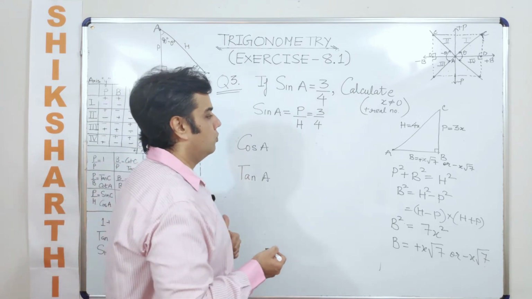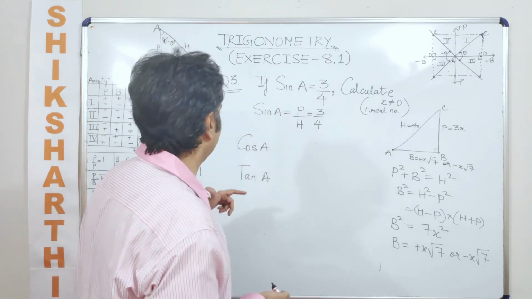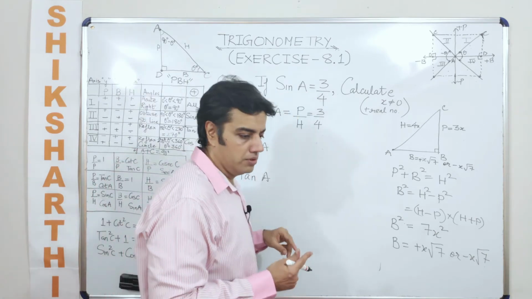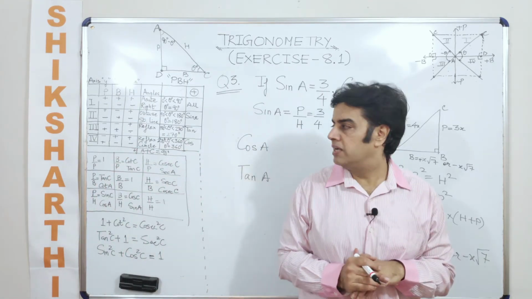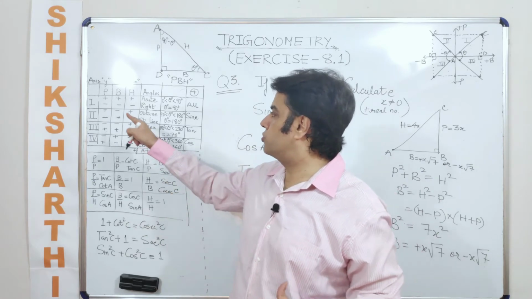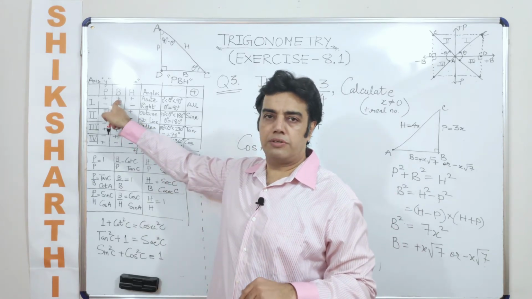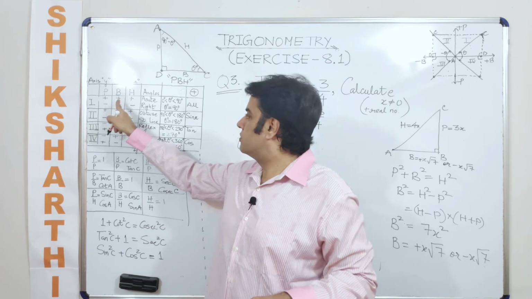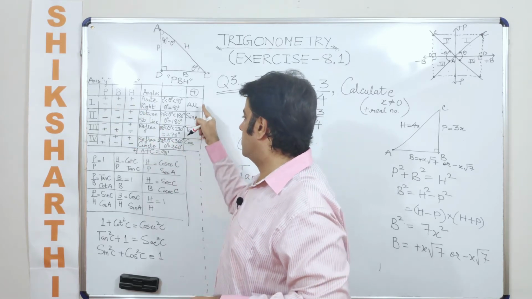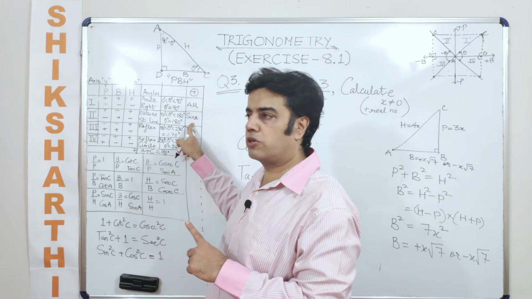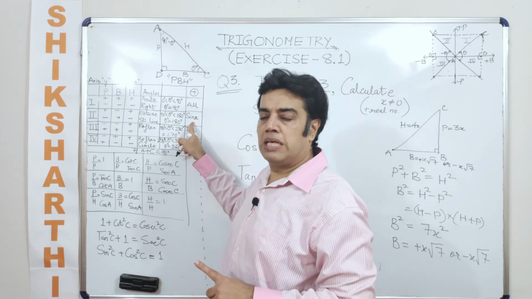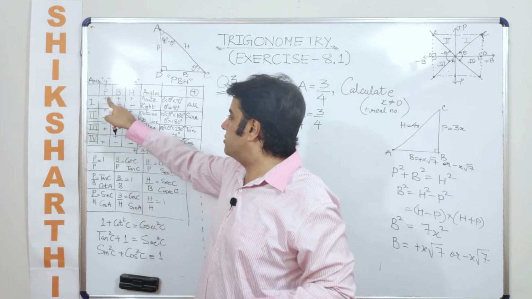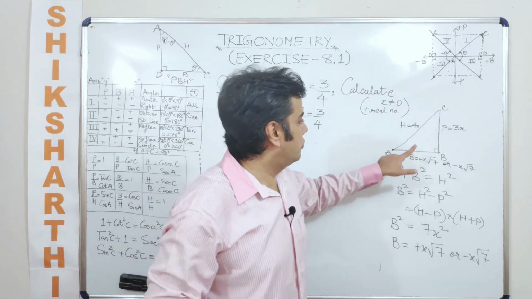Okay. So what are we basically talking about? We are saying that if sine A is equal to 3 by 4, right? So we are basically talking about which quadrant? We are talking about the first quadrant, right? Or we are talking about which quadrant? We are talking about the second quadrant. So when you are talking about the first and second quadrant, you are seeing PBH, plus plus plus is what you had taken.